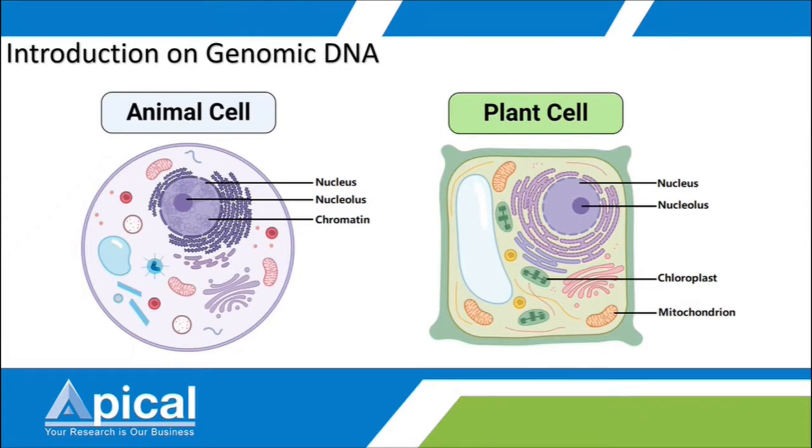In plant cells, the genomic DNA is also located in the nucleus, but there is also some extra chromosomal DNA in the chloroplast and mitochondrion. These two components contain part of the genetic material which is different from the one in the nucleus.